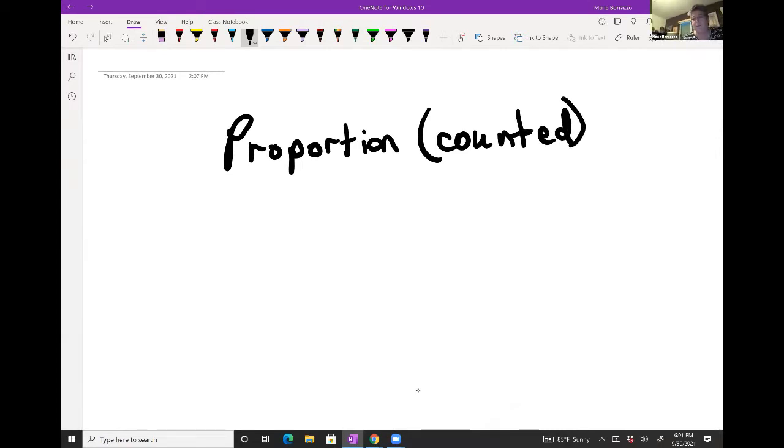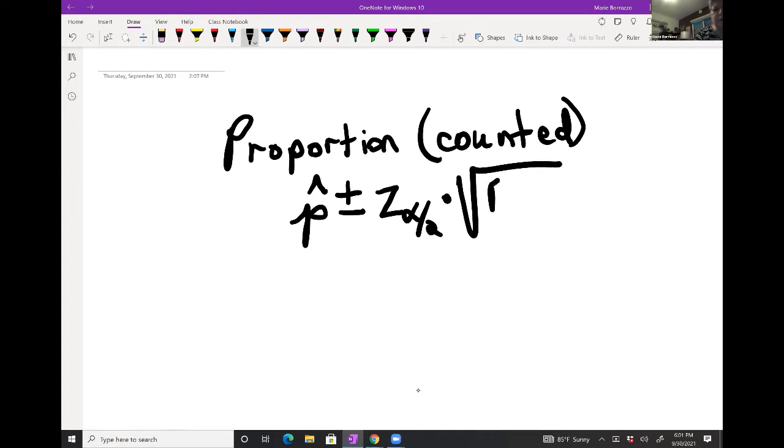It's discrete data, basically, is how we look at it. We're looking at a p hat plus or minus a critical z value times the square root of the p hat times the q hat over n. And I'm going to show you what that looks like in a question. So hang tight.